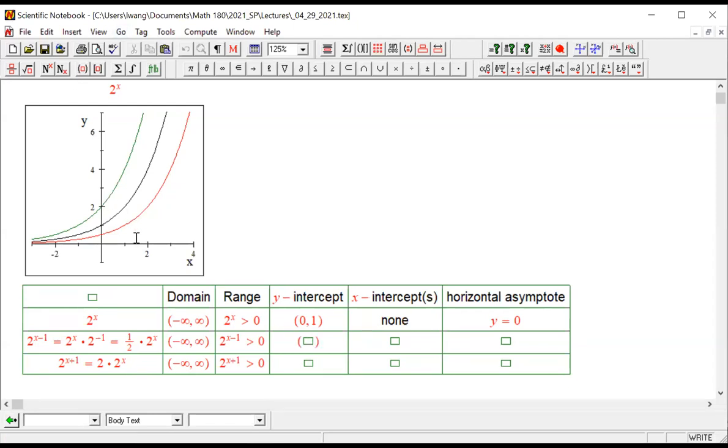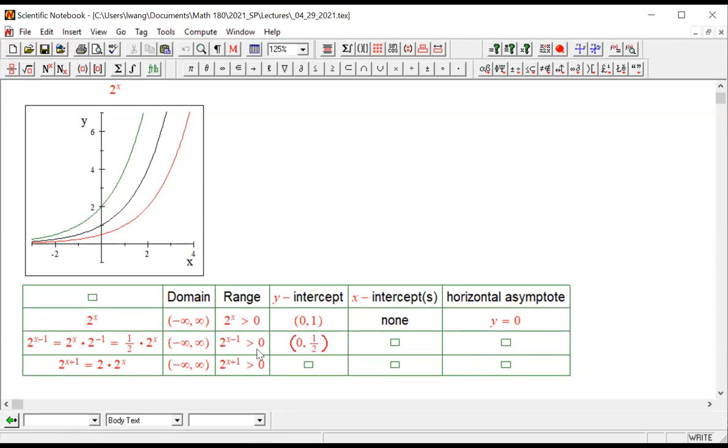Very good. So for 2 to the power x minus 1, which is shifted to the right, which is the red, that's 0, comma, half. Excellent. How about the other one? That one's 0, comma 2. Very good.